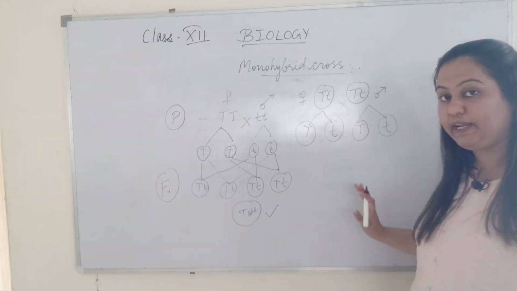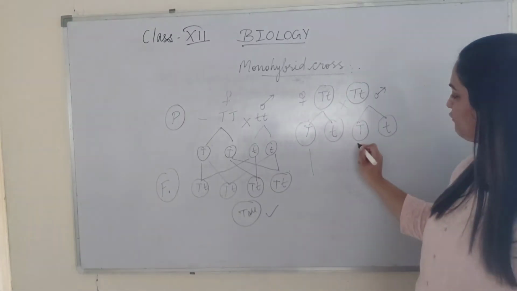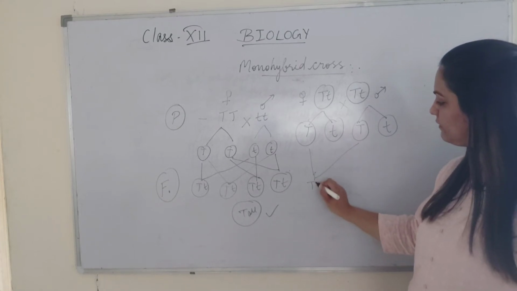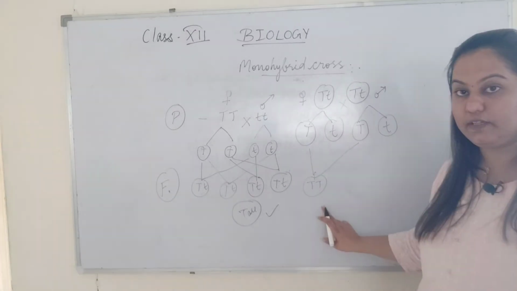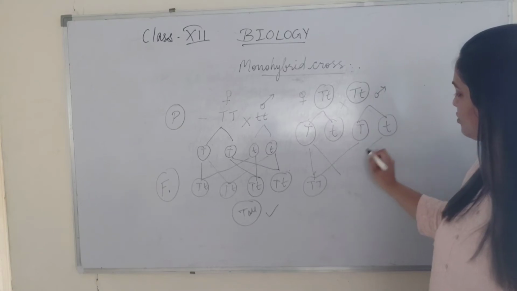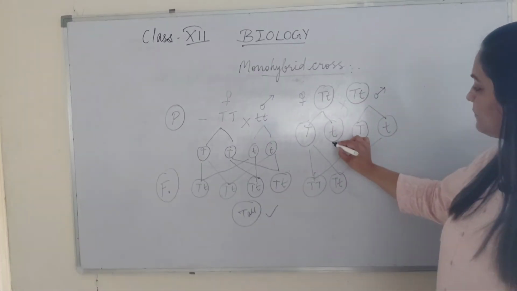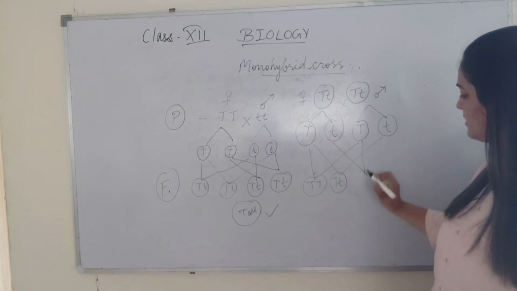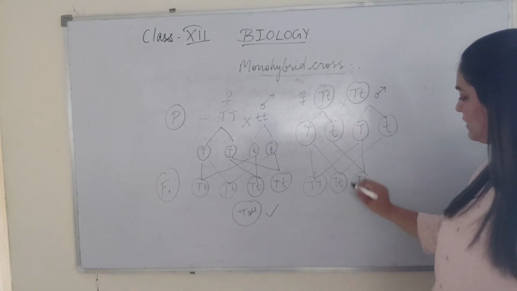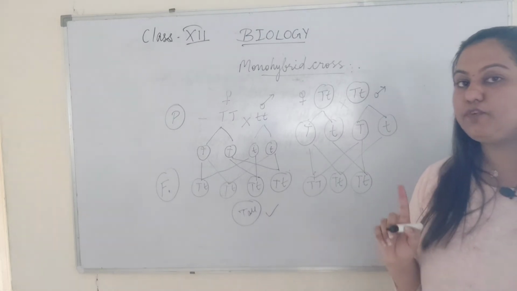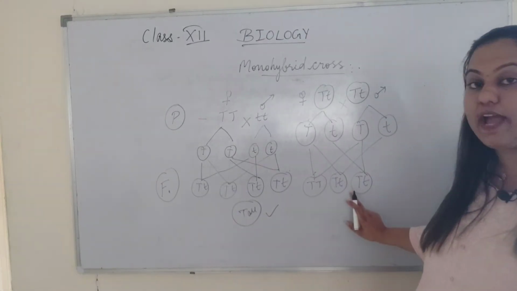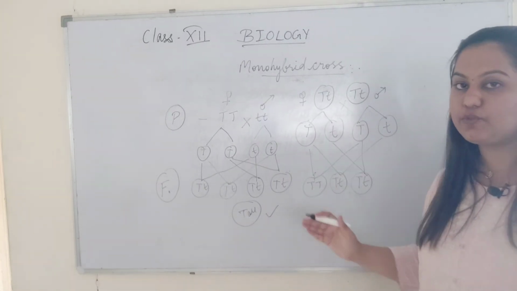Now there will be random mating. This capital T will join with this and it will give rise to capital T, capital T. This capital T will join with this and it will give rise to capital T, small t. Again, this small t will join with this and it will give rise to capital T, small t. One thing that you have to note here is we always write capital first and then small.